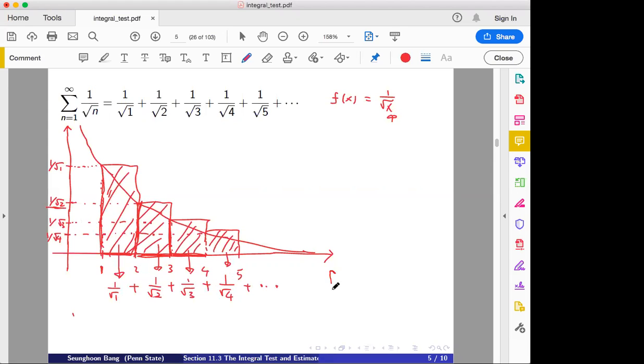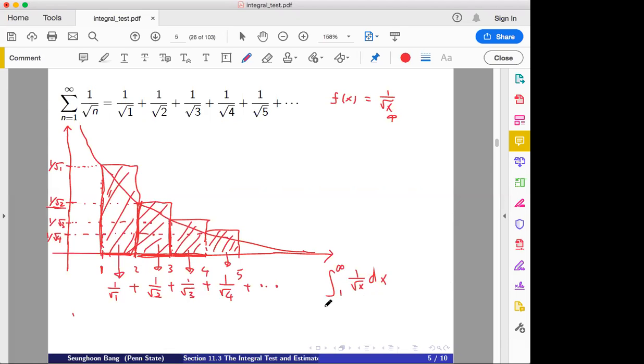Compare with the improper integral from 1 to infinity of 1 over the square root of x dx. So which one is bigger, the sum of rectangles or the improper integral? The summation of the rectangles is bigger.